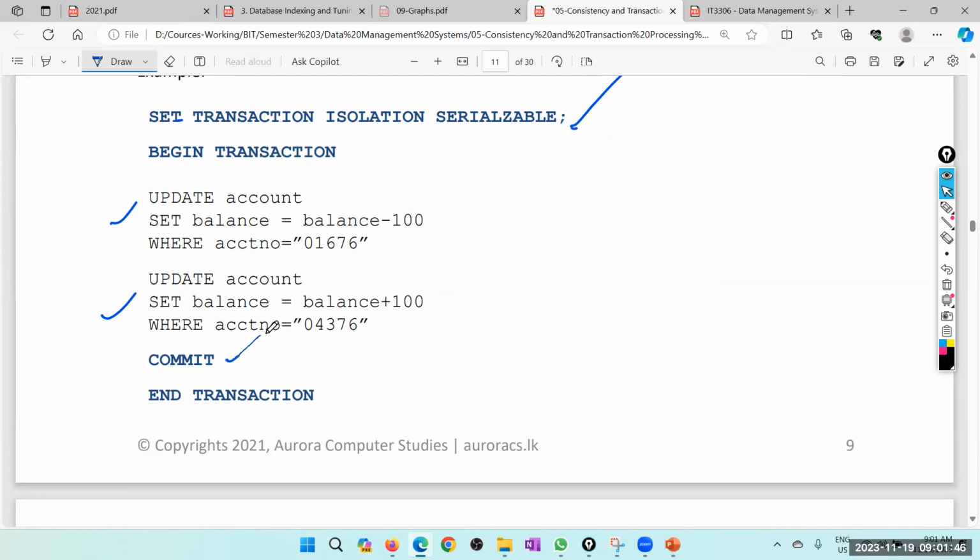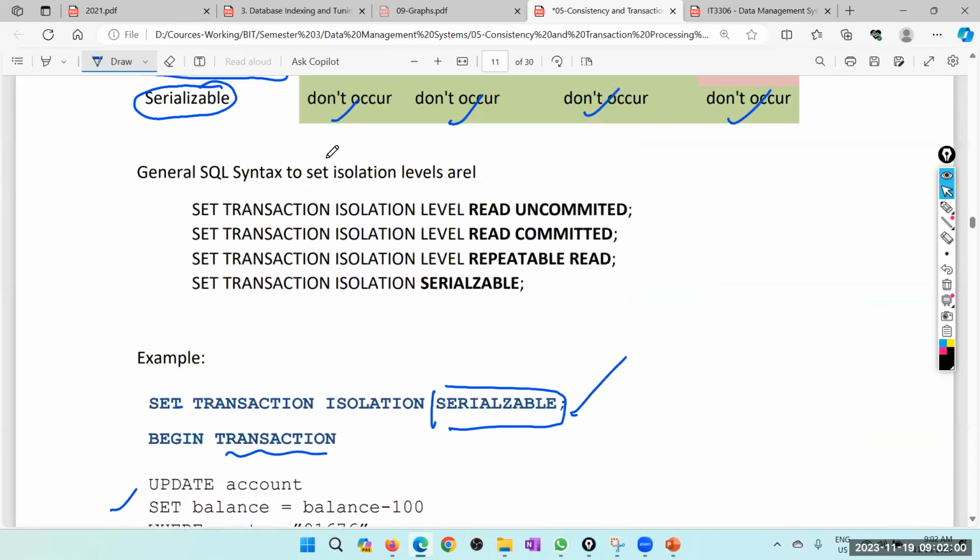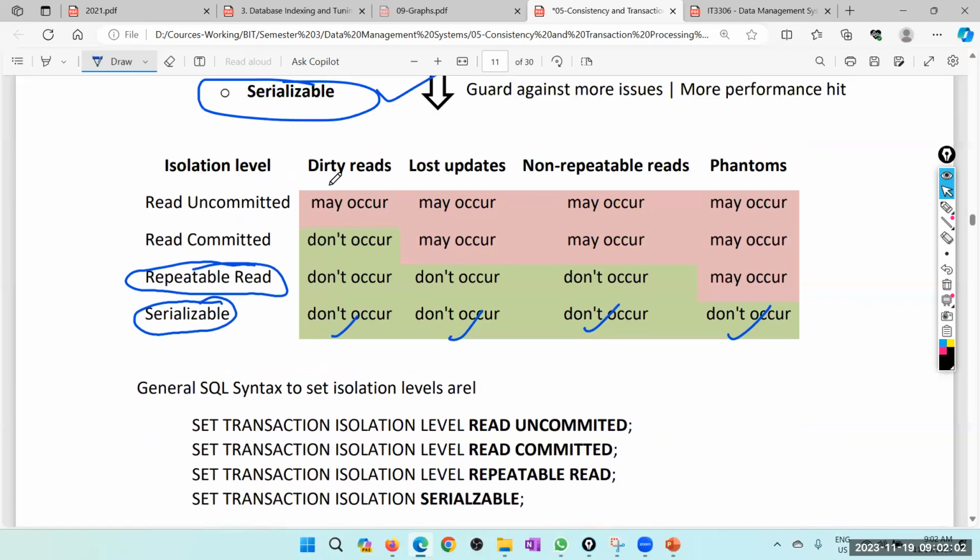Then you do the commit and end the transaction. Since you have set it to serializable before starting the transaction, the database will make sure it handles all these issues. Your transaction will never face dirty reads, lost updates, non-repeatable reads, and phantoms.